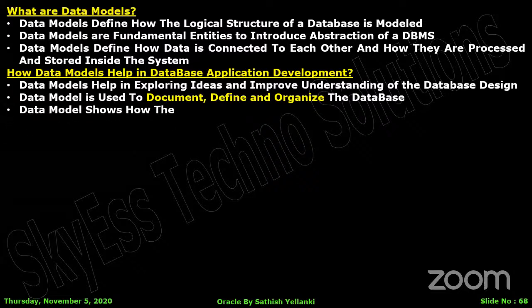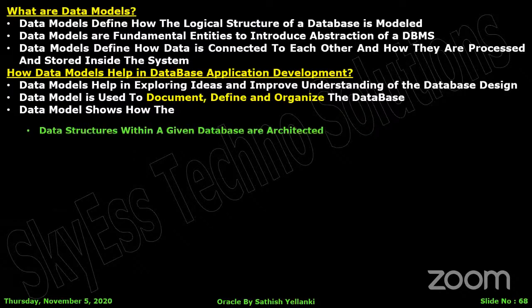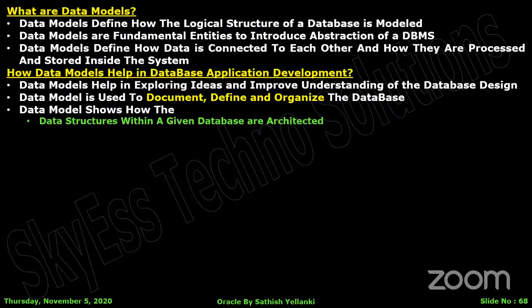Data models will technically try to show how exactly your data structures within the given database are architected. Means your tables, your indexes, your sequences, your synonyms, all these kinds of data structures that are representing your business, how exactly they are architected, it will show you.